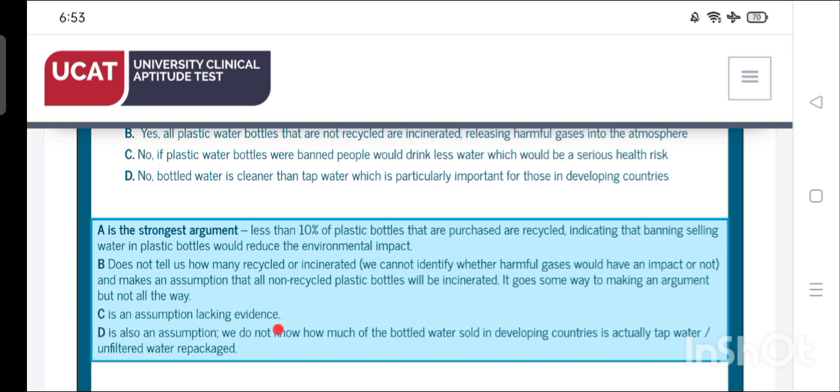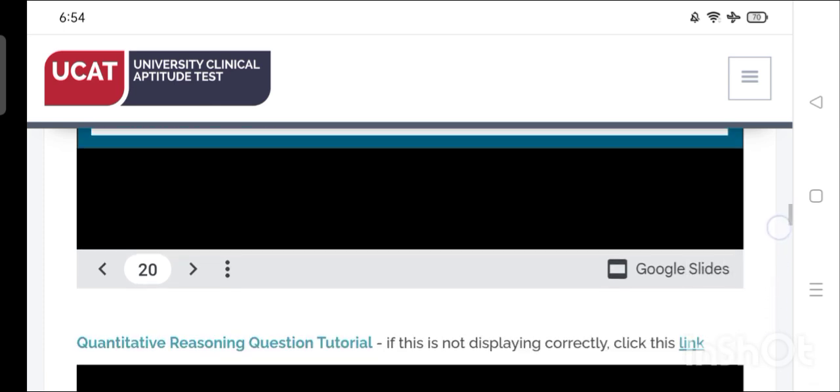Option C is an assumption lacking evidence. Option D is also an assumption. We do not know how much of the bottled water sold in developing countries is actually tap water or unfiltered water repackaged.